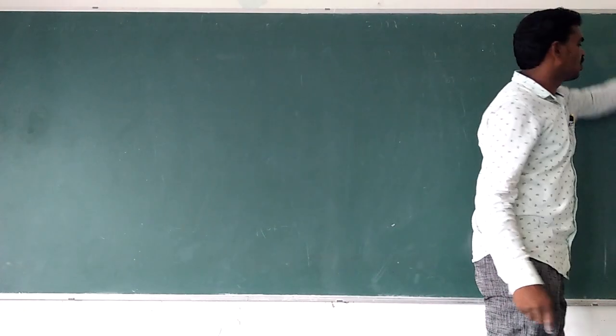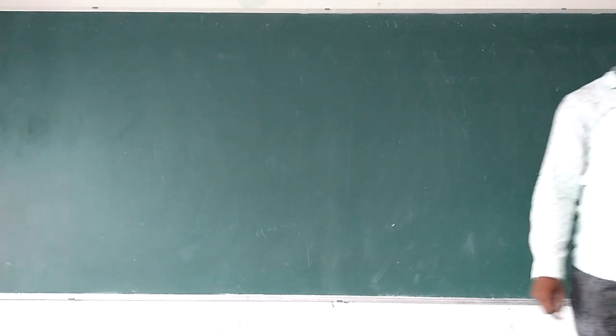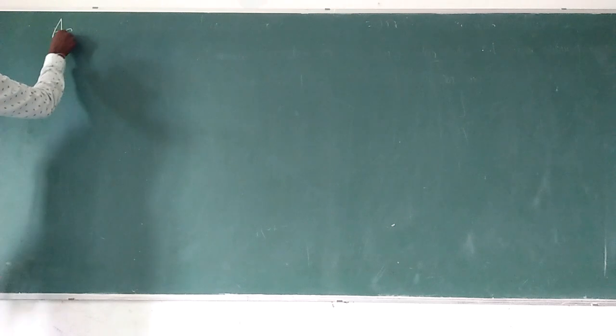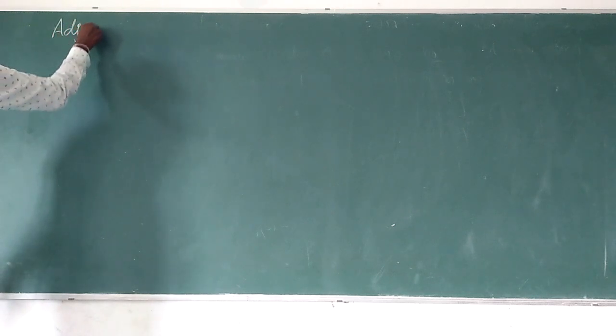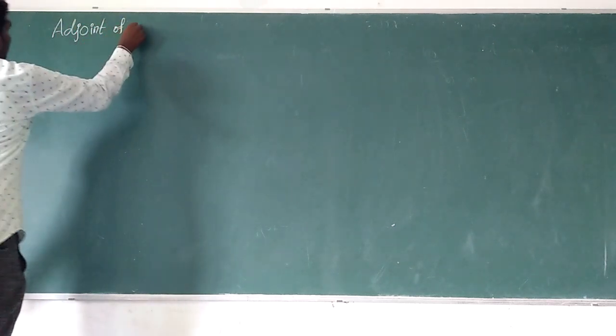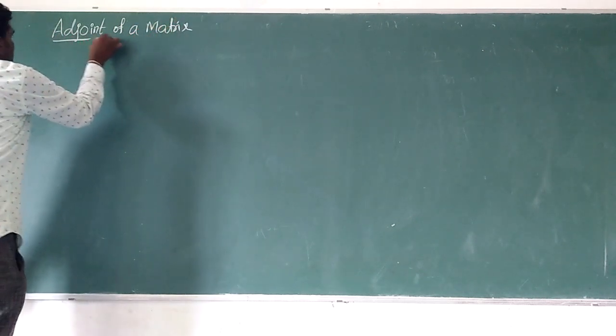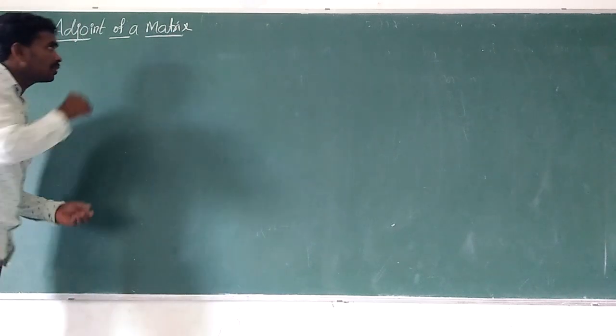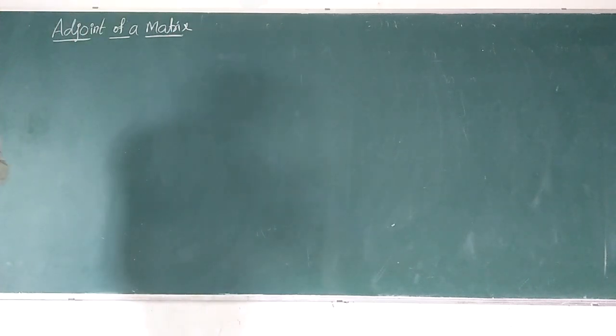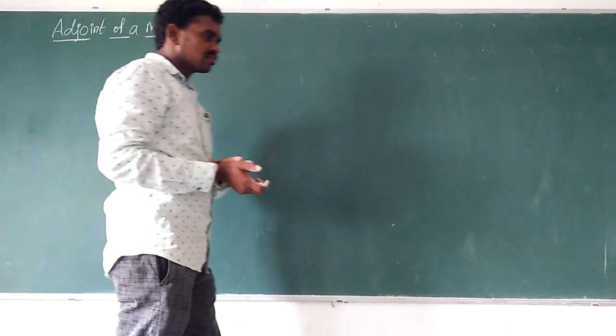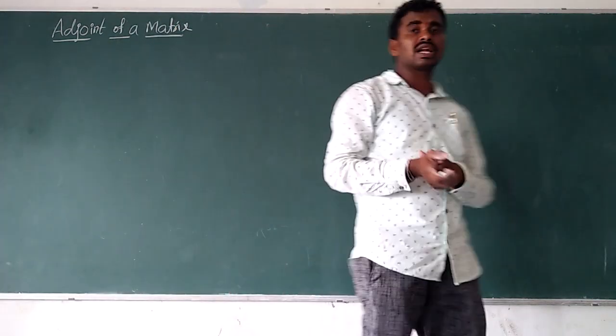So next I am going to explain what is the adjoint of a matrix. So, dear friends, the matrices chapter is a new chapter for you because it is not in the lower classes.